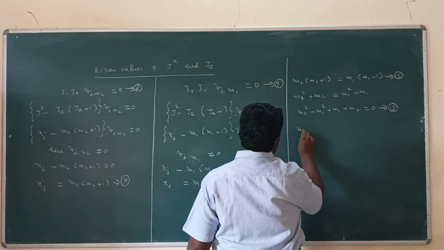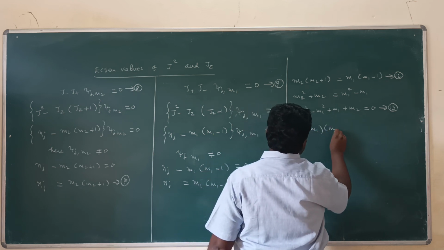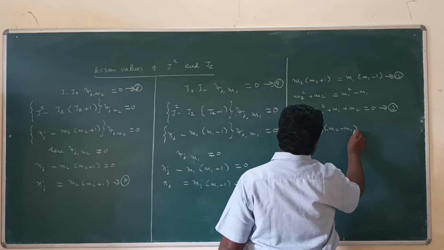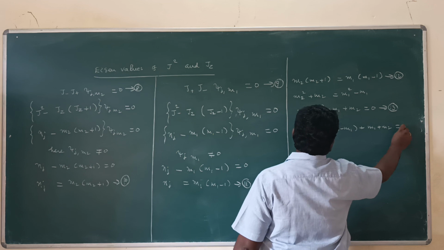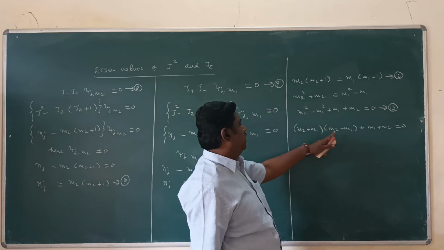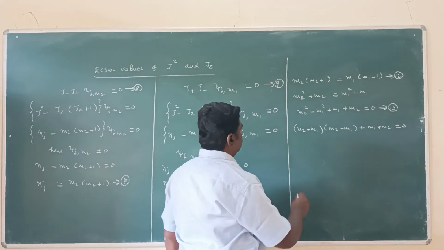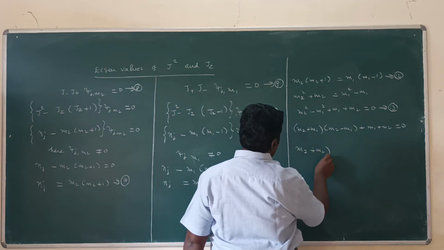See, this is (m2 plus m1) into (m2 minus m1) plus m1 plus m2 is equal to 0. Here, the formula I have used is a square minus b square is equal to (a plus b) into (a minus b). Then take m2 plus m1 outside.